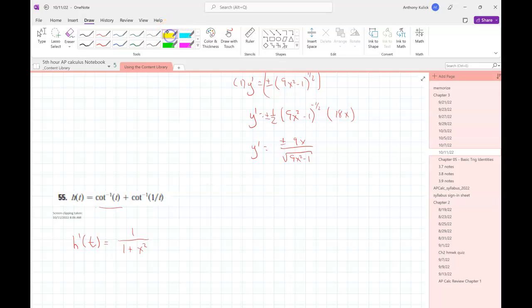But if I look at the second one, what do I have to do here? That's a chain rule. Yeah, very good. So if I do that, I'm going to have the same thing, but instead of x, I'm going to have, oh, I guess that should be a t here, huh? Instead of t, I'll have 1 over t. And then I'll have the derivative of 1 over t.